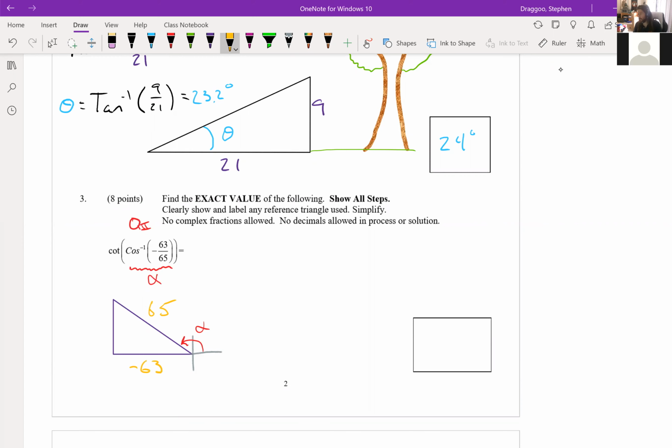And I can use the Pythagorean theorem to put those two pieces together to get the missing side. y squared plus 63 squared is 65 squared.